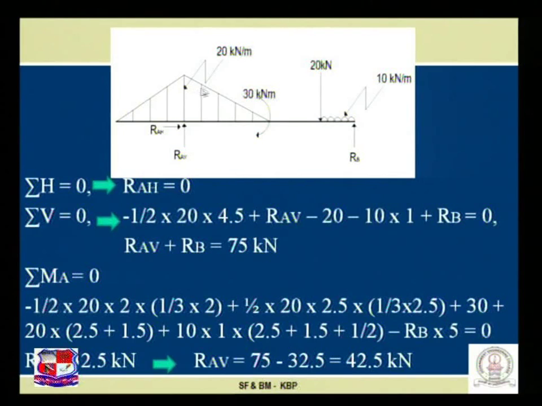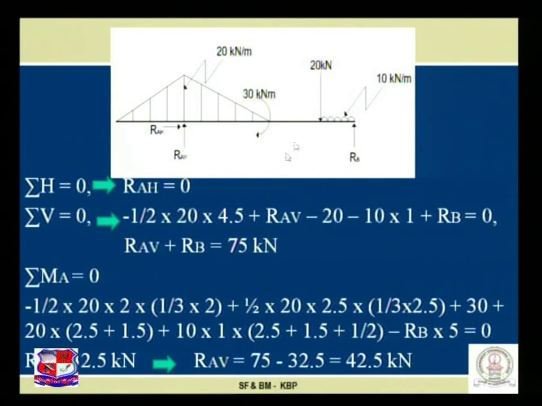Now another part of UVL, half into 20 into 2.5 into CG distance, 1/3 into 2.5, carries a moment over here, and which is a clockwise moment, so plus sign, half into 20 into 2.5 into 1/3 into 2.5.